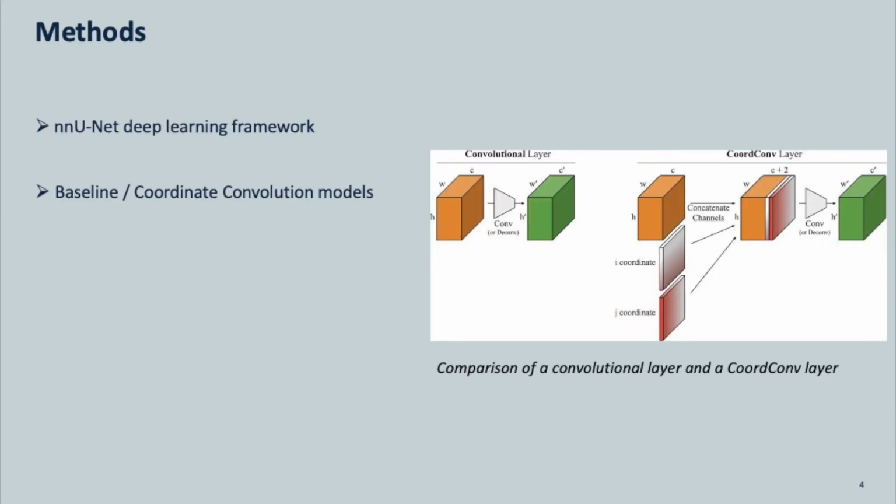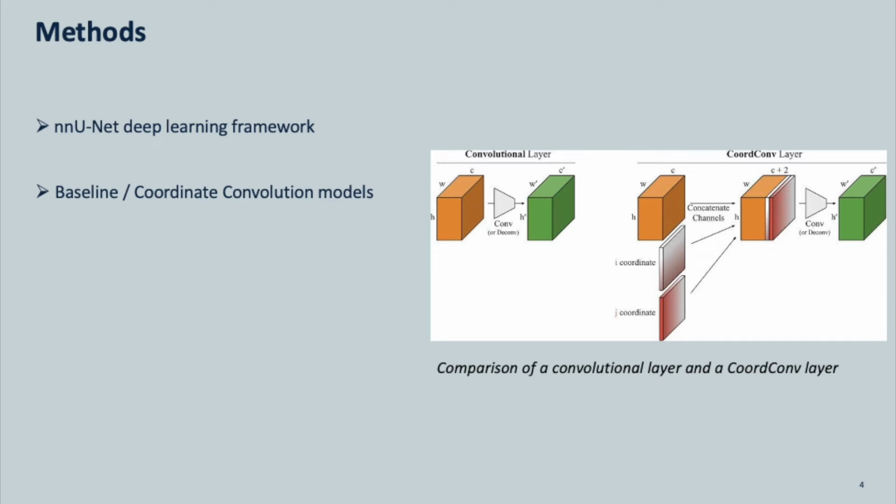For our baseline model, we employed the nnU-Net deep learning framework, using the two-dimensional implementation, and we trained the model for 100 epochs to limit the computational demand. We also investigated whether using coordinate convolutions could improve the performance of the nnU-Net baseline.